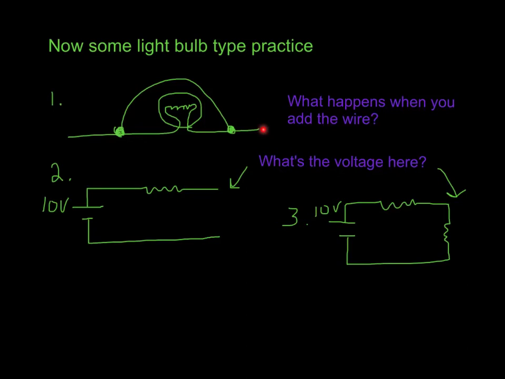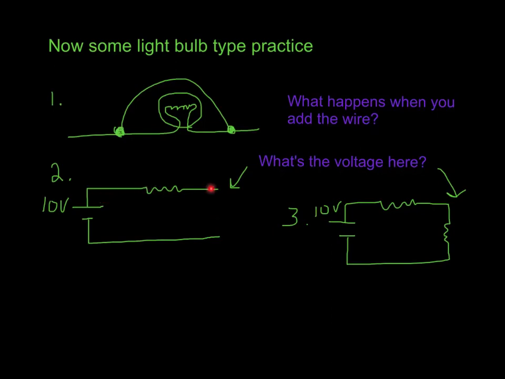All right, these ones are a little bit sneaky. Number 2 maybe is sneaky. What is the voltage at this point right here? I have a 10-volt battery and I have a resistor, and so what should the voltage be right there? The answer is 10 volts. This is a broken circuit. This is not connected, and so if this side of the battery is at 10 volts, here's a resistor.